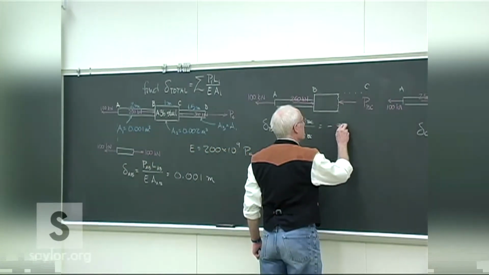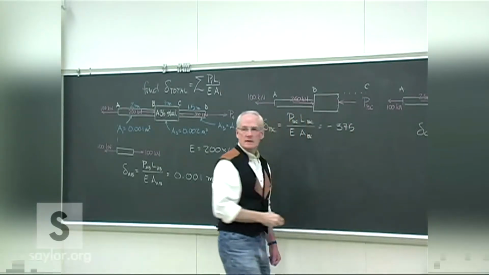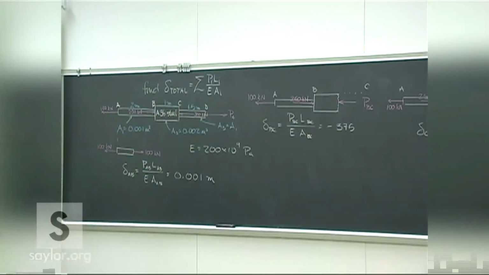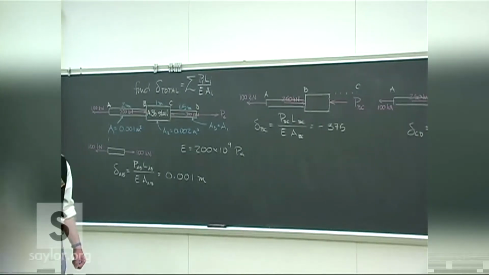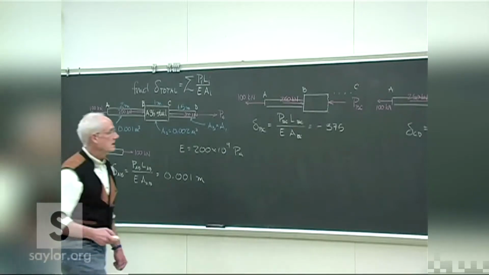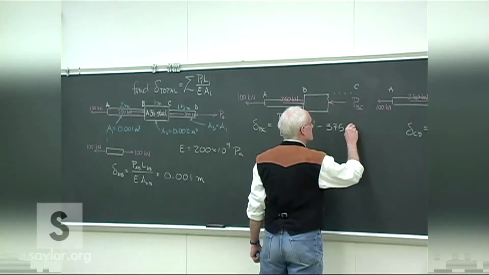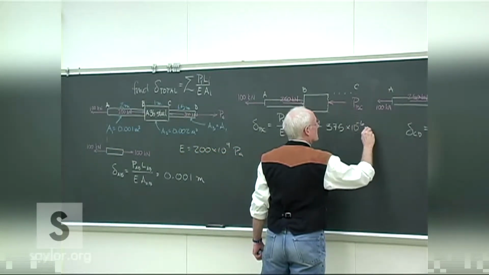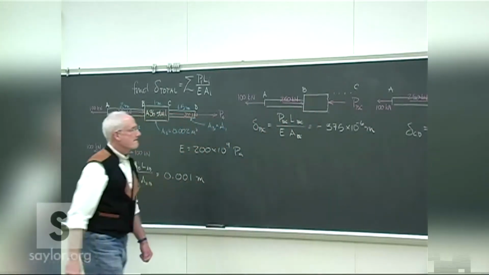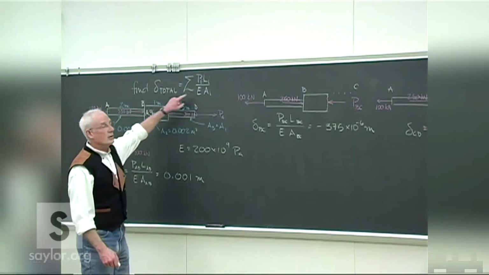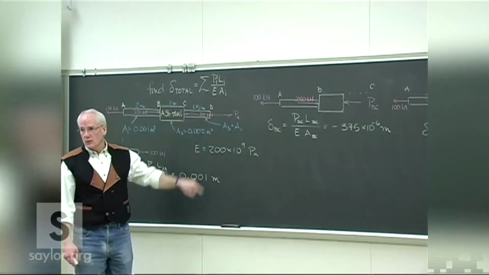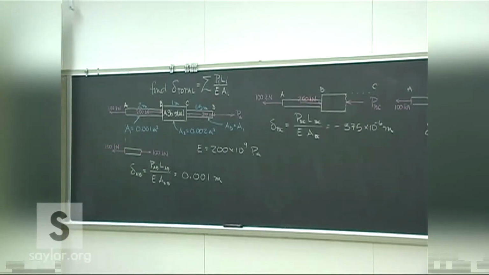So 375. You had 3.75 times 10 to the minus 4th, meters? Yeah. Okay, so 375 times 10 to the minus 6. A negative because that's compression, that's contraction. That's vitally important to this total deformation of the piece, the sum over the whole piece.